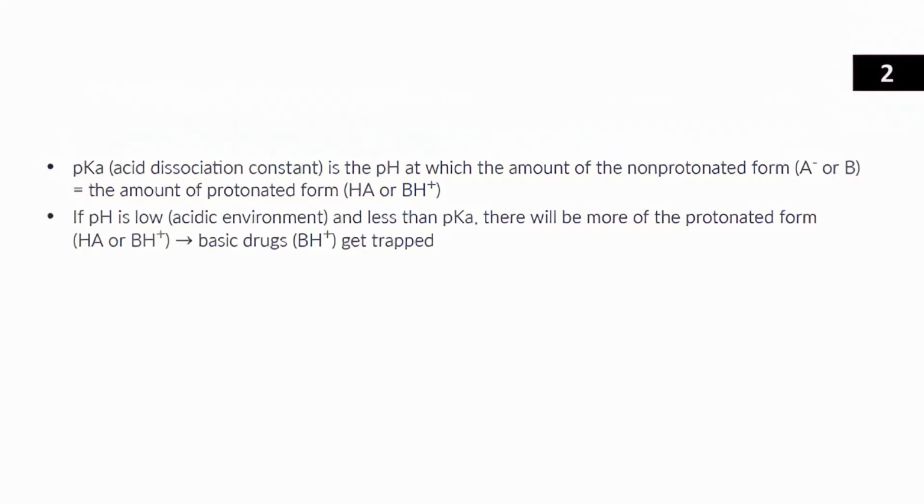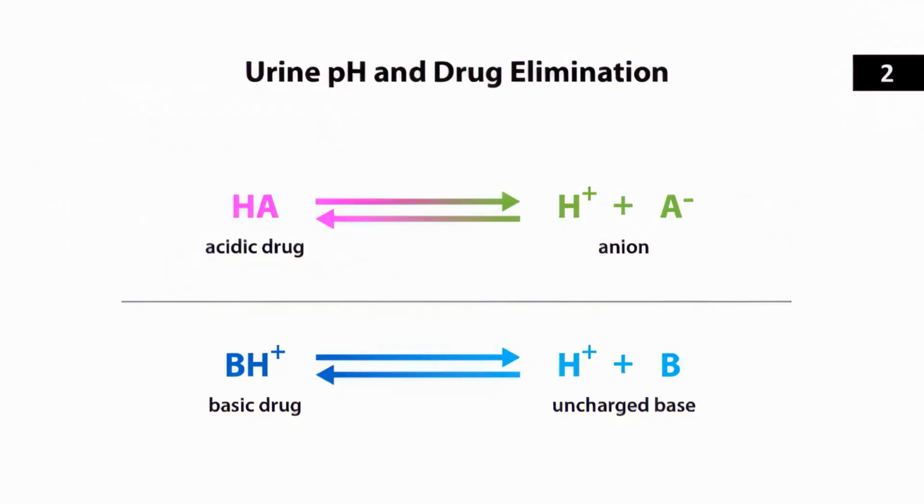The second bullet says, if the pH is low in an acidic environment, and more importantly, if the pH is less than the pKa for that substance, there will be more of the protonated form. When the pH is at the pKa value, the protonated and non-protonated forms are equal.